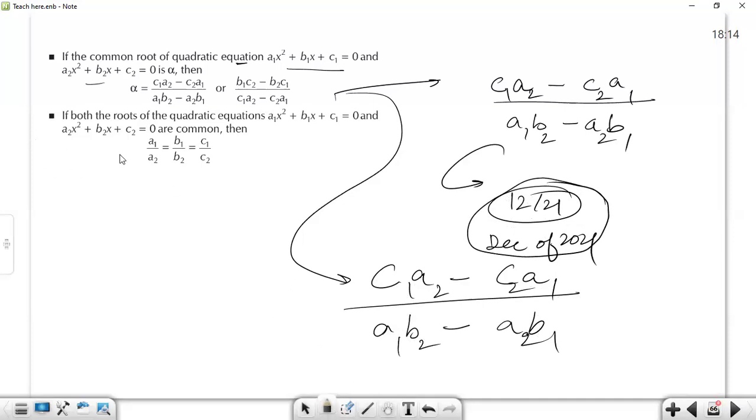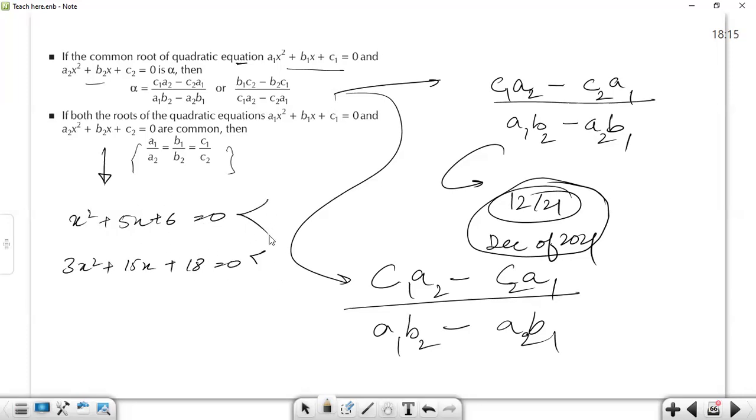Next, if both the roots of the quadratic equations are common, this is the condition which has to be satisfied. If this condition is satisfied, then both of the roots will be common. Let's take one example, x square plus 5x plus 6, and another example. Both quadratic equations have roots -3 and -2.